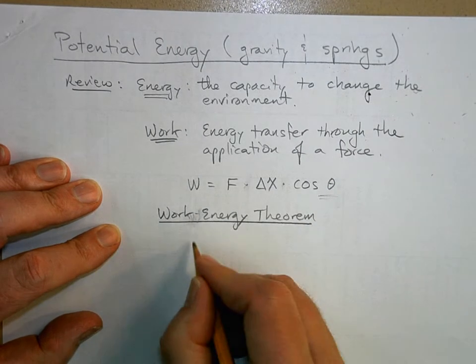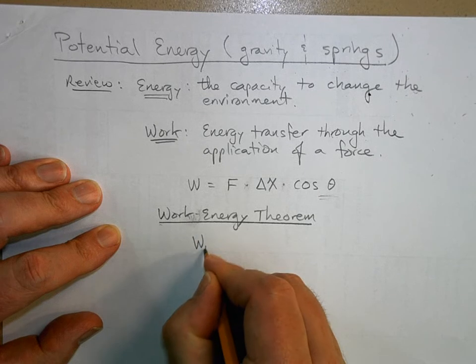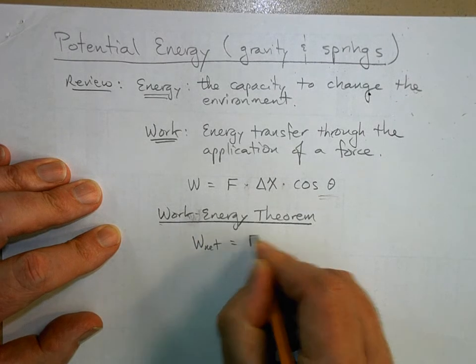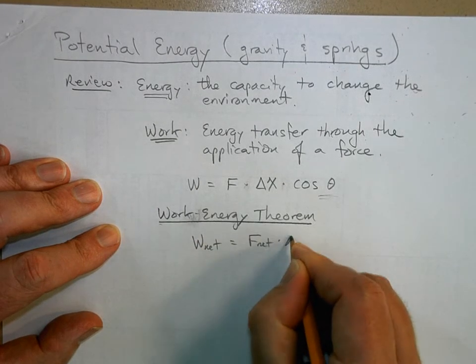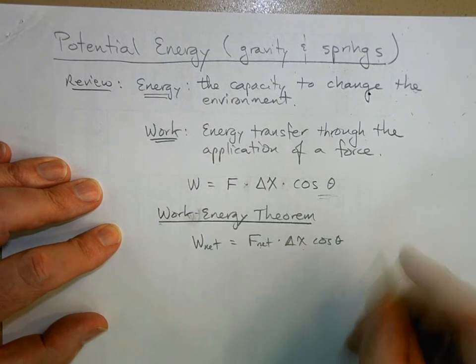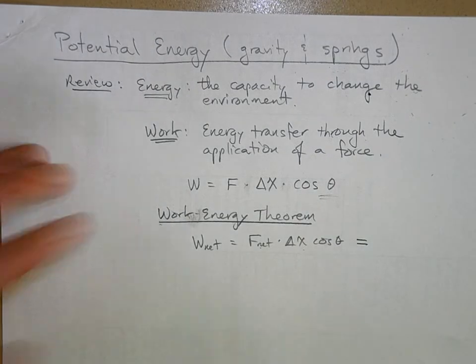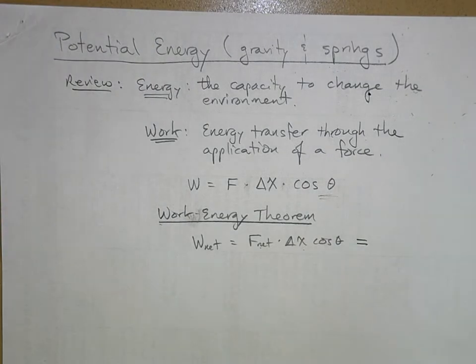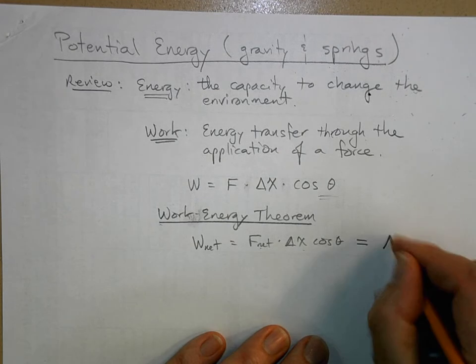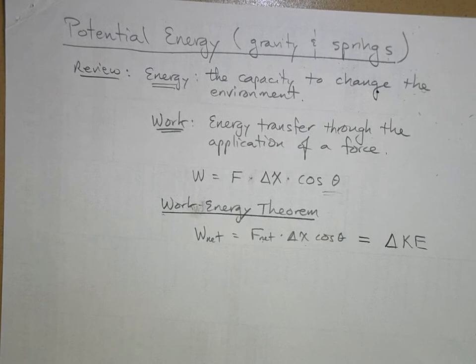We said that if the work being done is being done by the net force, that is the net force times the displacement times the cosine of the angle between the net force and the displacement, the work or the energy that's transferred will change the kinetic energy of the object that work was done on.